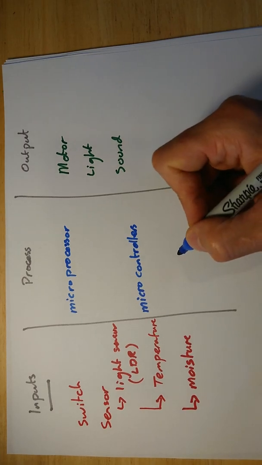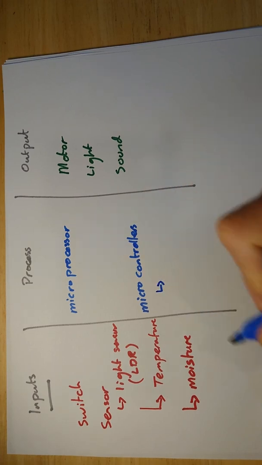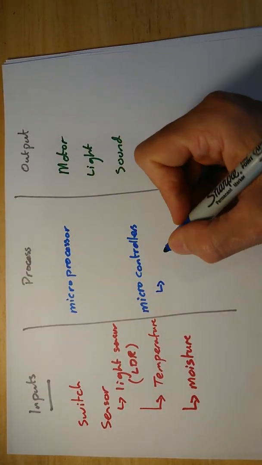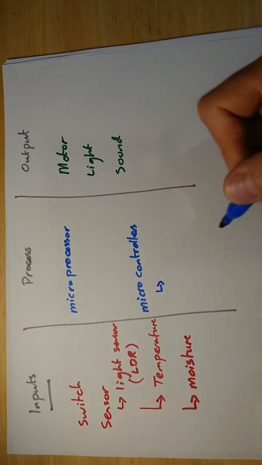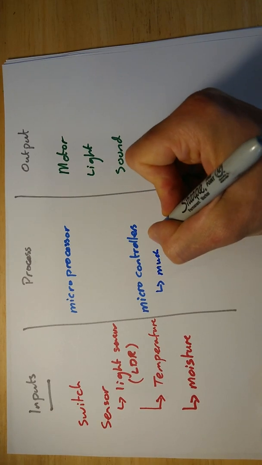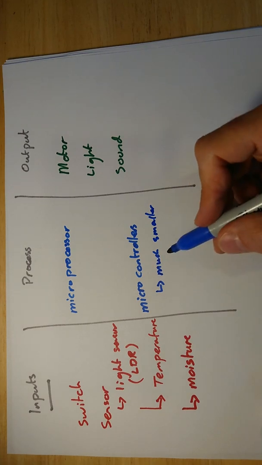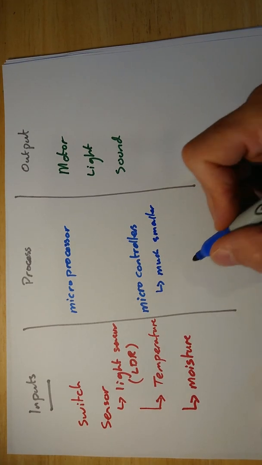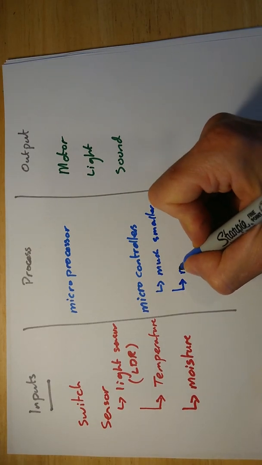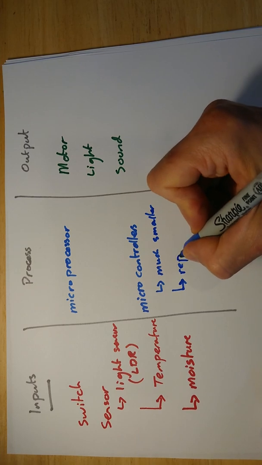These microcontrollers have big advantages. Instead of having lots of different components, it's all printed and much smaller than individual parts. That's a big advantage. Another point is that we can reprogram these.